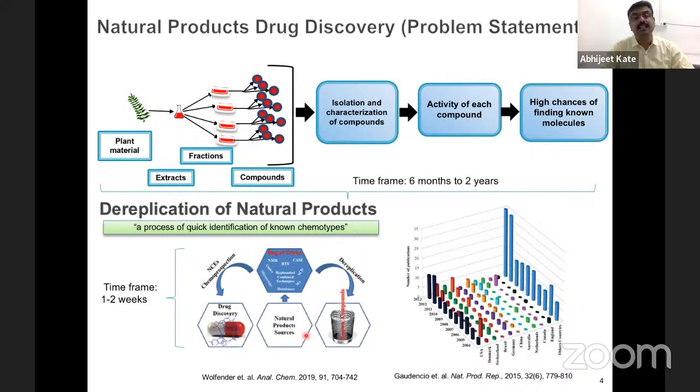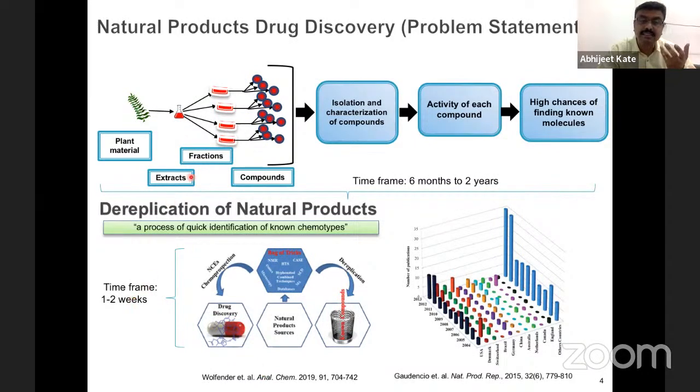Out of 100, let's say you have come across 5 plant extracts where you have not got any hit from the reported database. Would you agree with me that your focus would be more towards those 5, where no one has worked, and the chances of getting novel things would be more in that?